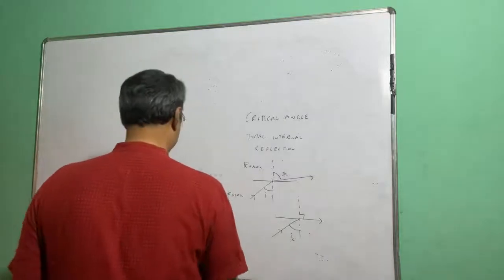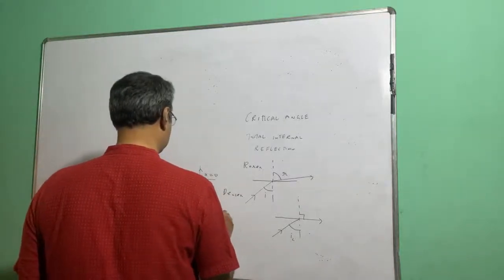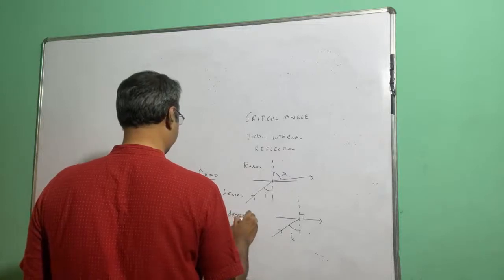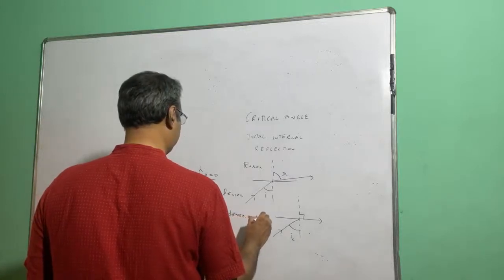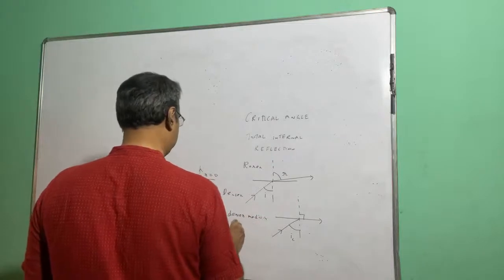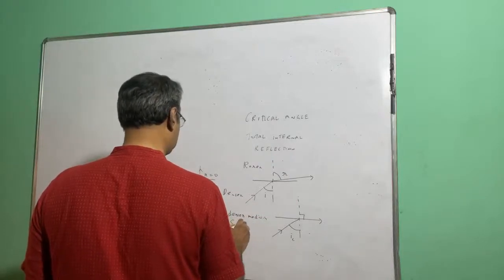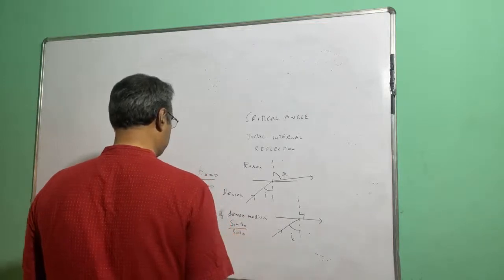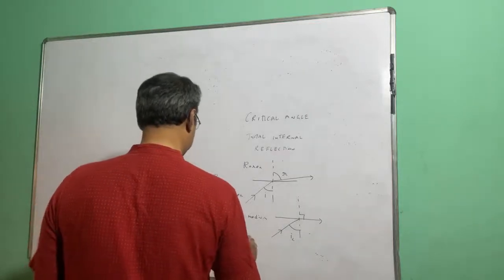So the refractive index of the denser medium is sin 90 by sin IC.